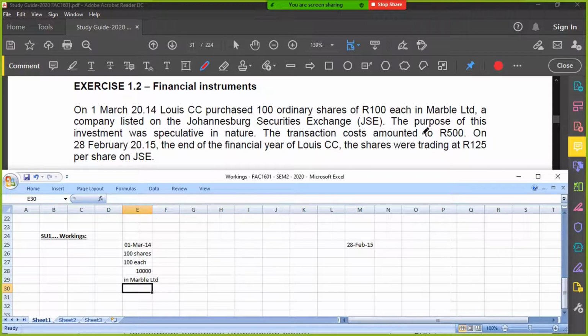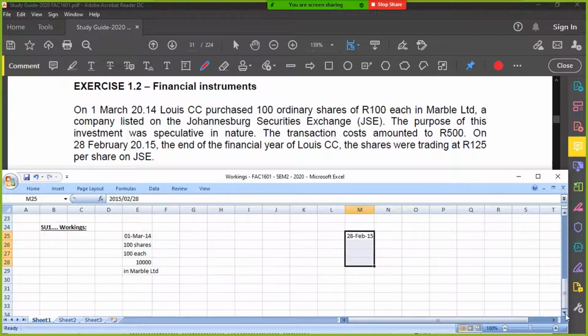The transaction costs amounted to 500. When are transaction costs applicable? When you're talking about expenses, maybe? Yes, that's right. So when are those expenses applicable? At the 1st March or 28th Feb? 1st March. Yes.